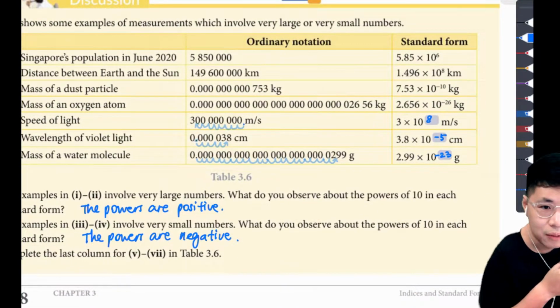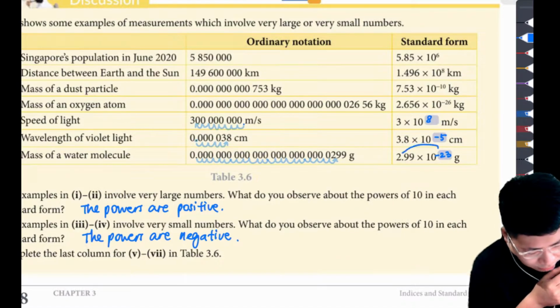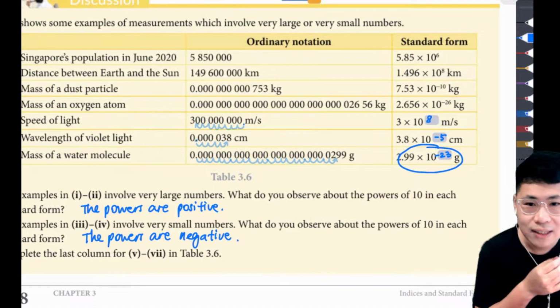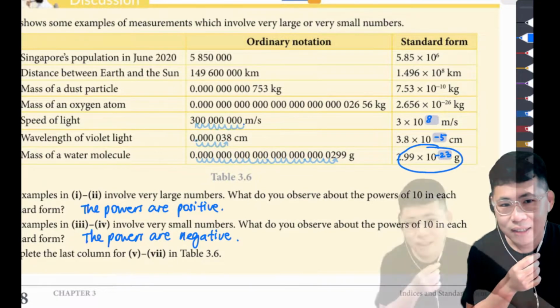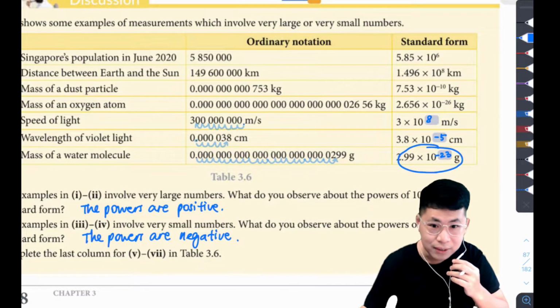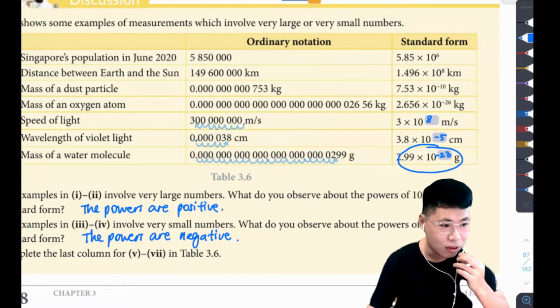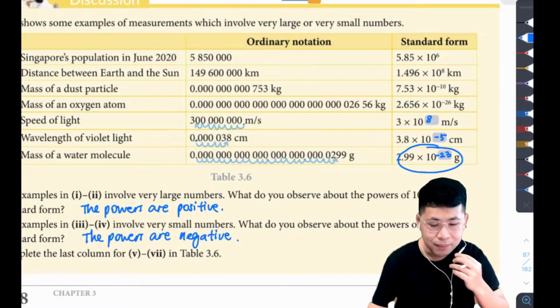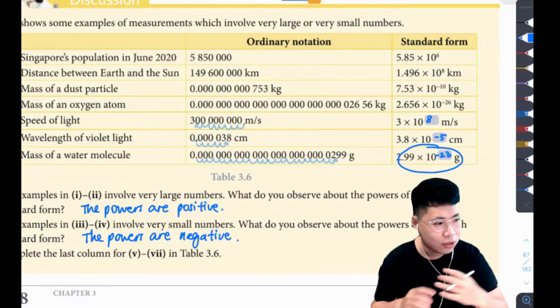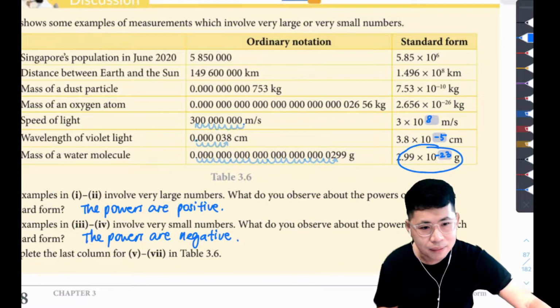And as you can see over here, this is something like your Avogadro's constant, which is 6.02 times 10 to the power 23. So it's very close to that order. Alright? Okay, so without further ado, let us move on to the next segment.